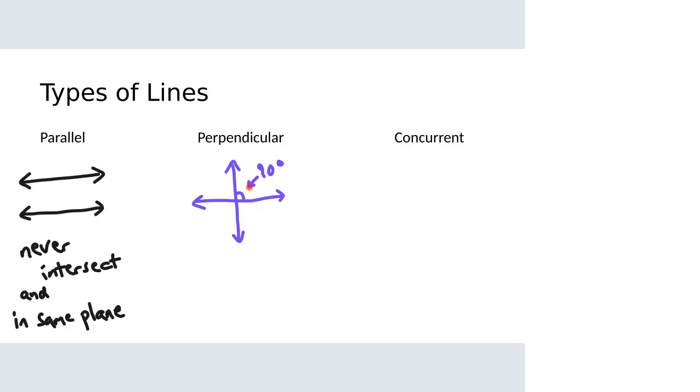Those are perpendicular lines. And then finally, concurrent lines. Concurrent lines happen when we have three or more that intersect at a single point. So we have a single point and we have at least three that intersect in a single point.